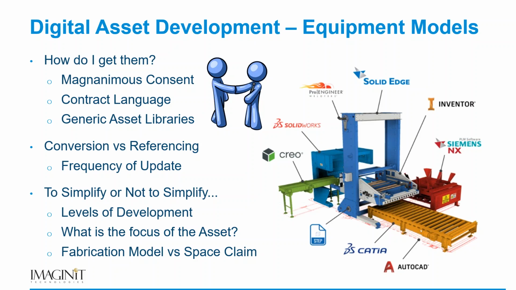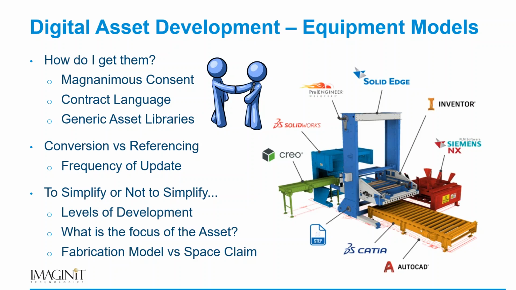We're still in kind of preliminary phases of thinking about what this will be. Well, you can use some generic asset libraries or some generic space claims that have a low level of development. So it's just a box or a cube of some kind that takes up that space initially while you're going through the process of design that your contract language and your providers will end up hopefully providing to you, right?